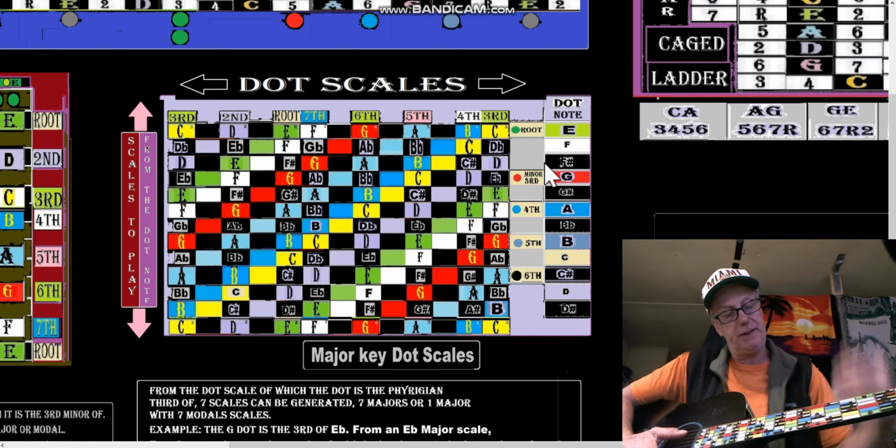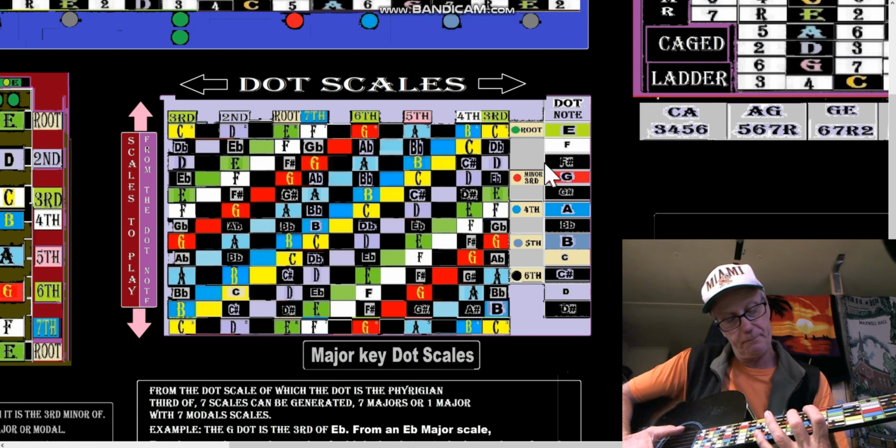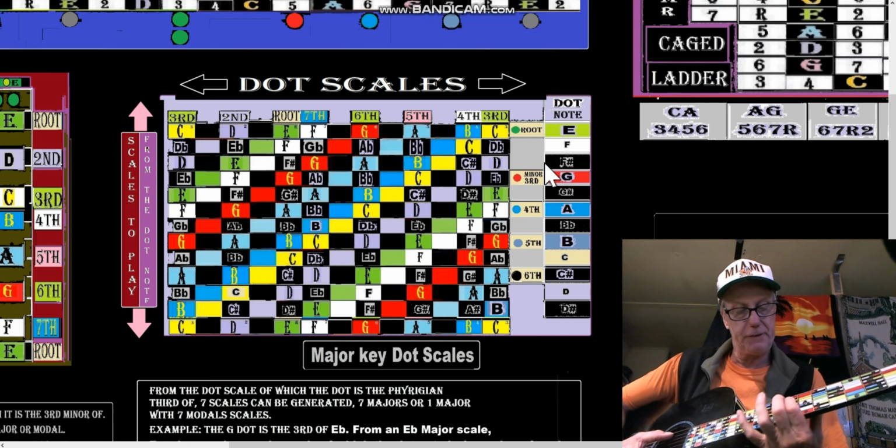Let's make sure we hit that C sharp. No, that's not there. There's our C sharp.